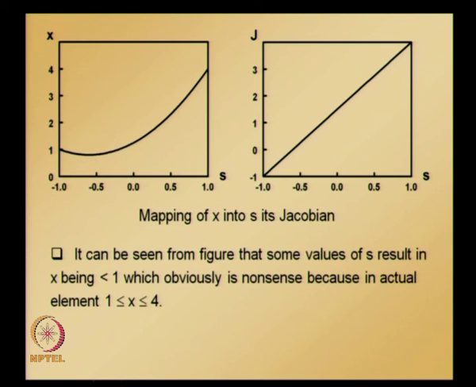So there is some problem with the mapping, so the mapping is not good. These two examples illustrate isoparametric mapping and how to check the mapping, and also what the conditions are for placing the middle node in the case of a quadratic element or a 3 node finite element.